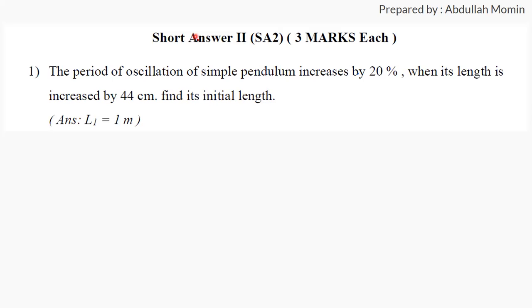So the next numerical is, the period of oscillation of simple pendulum increases by 20% when its length is increased by 44 centimeter. Find its initial length.